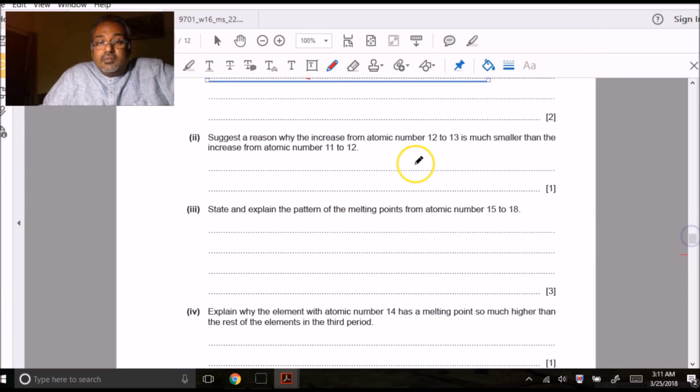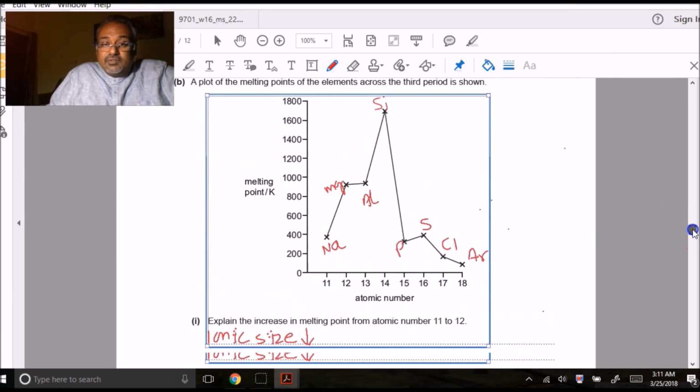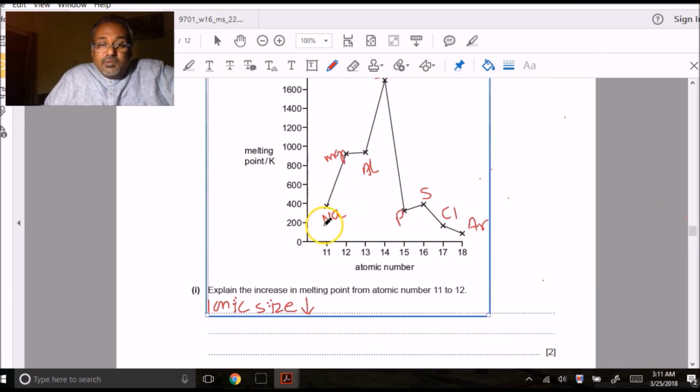And then it talks about why the increase from atomic number 12 to 13 is much smaller than the increase from 11 to 12. So what this question was talking about was, when you go from sodium to magnesium, there's a huge increase in melting point, but when compared to magnesium and aluminium, that increase is not as big as compared to here. Why do you think that is? Well, you could base your answer on the size of the ions.